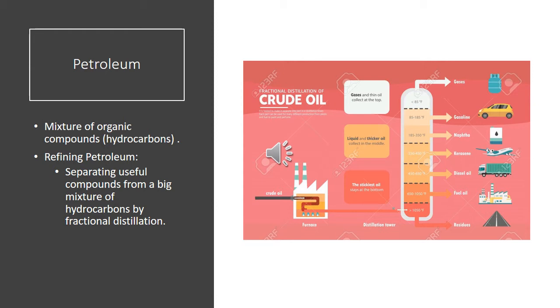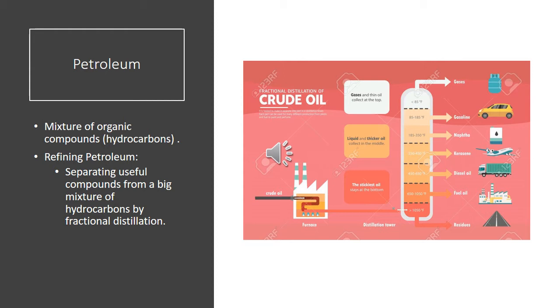Refining petroleum means separating useful compounds from a big mixture of hydrocarbons by fractional distillation, which is shown on the right hand side. In a refinery, the fractional distillation is carried out in a tower that is kept very hot at the base and cooler towards the top.